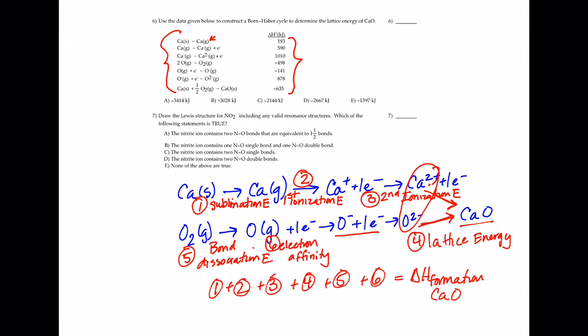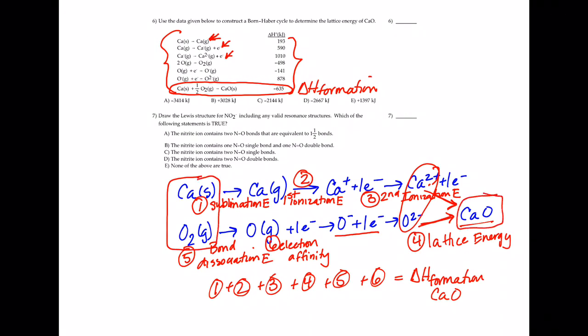So that is the sublimation energy. That is the first ionization energy. This one is the second ionization energy. So it's giving me each one of these. The very last one here, that's calcium and oxygen coming together to make calcium oxide. That is the delta H of formation. Okay, it's basically taking my reactants and making my product.